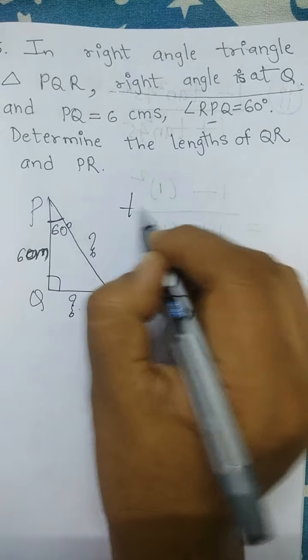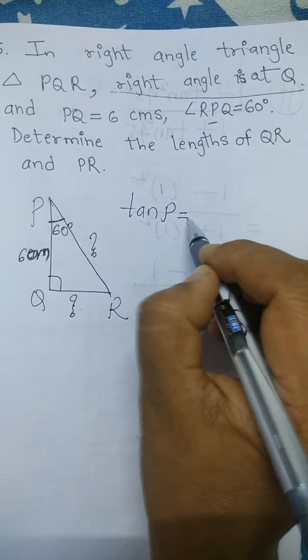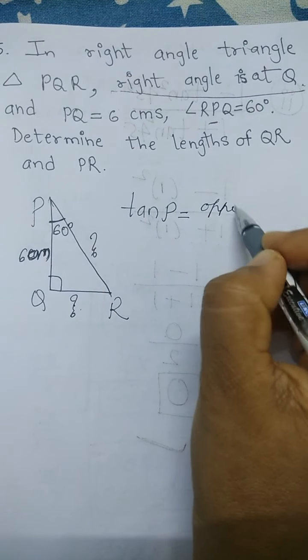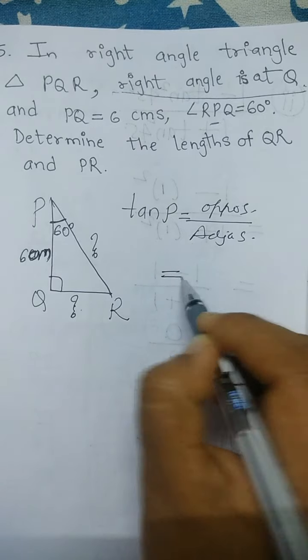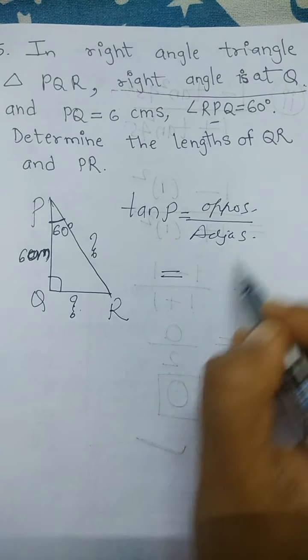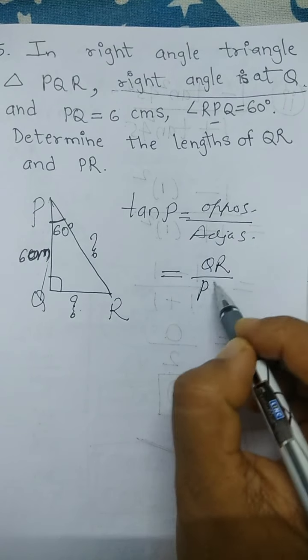So tan P is opposite side upon adjacent side. Opposite side is QR and adjacent side is PQ.